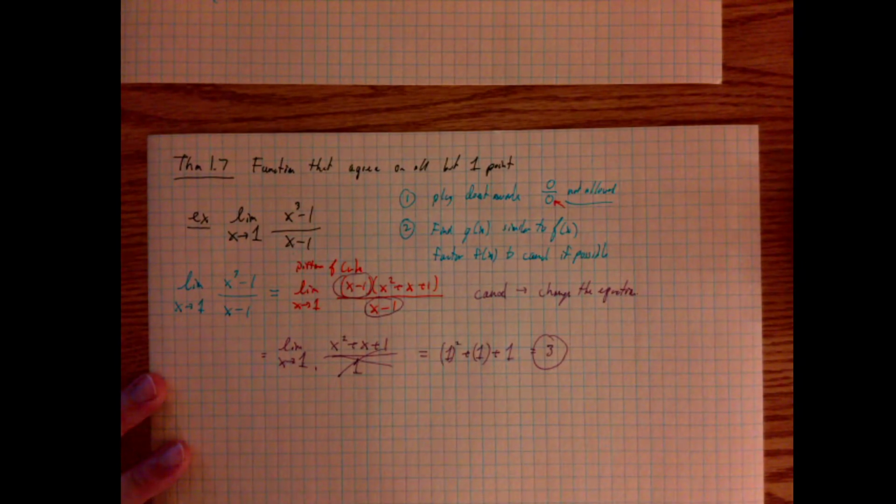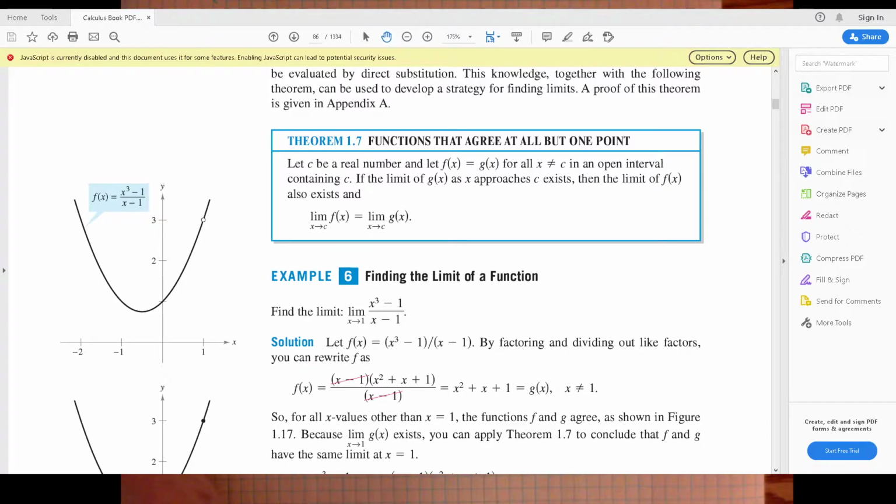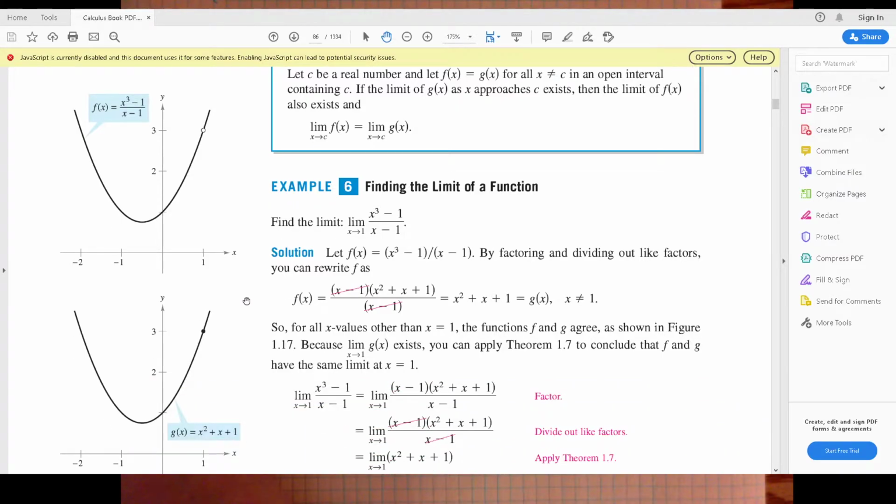Here's the important detail, what this Theorem 1.7 means. Let's pull that theorem back up again. Let f of x equal g of x for all non-c values. To help explain this, it's helpful to graph what these look like. Right here, this was my original equation.